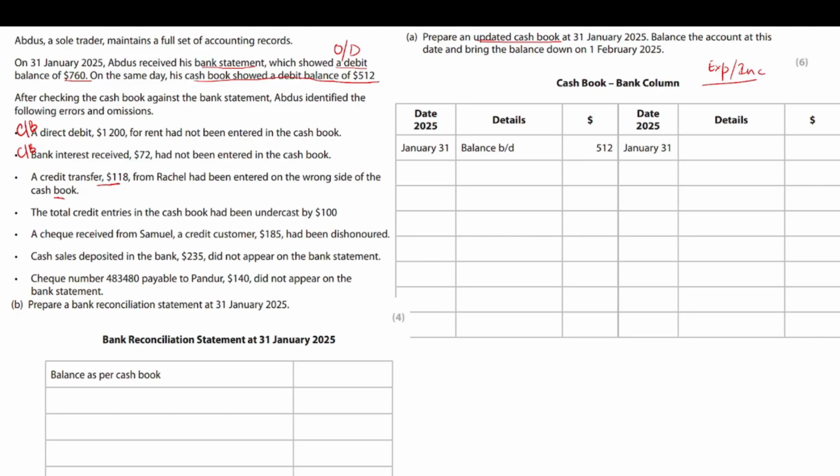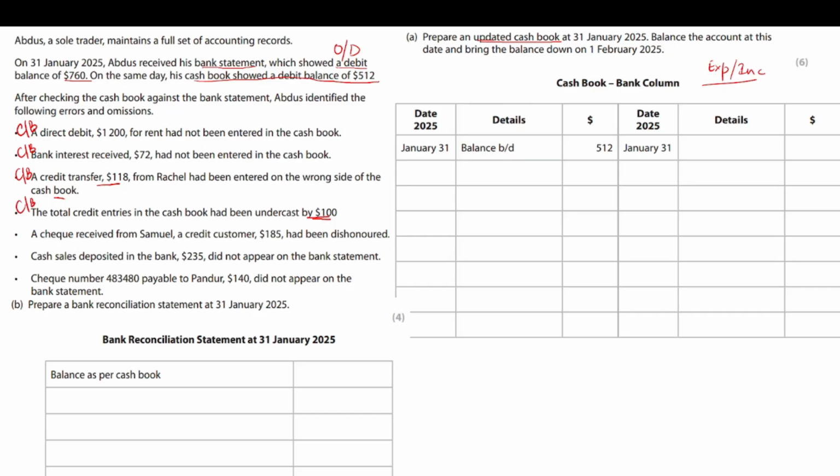Now coming to the total: the total credit entries in the cash book had been undercast. So this question is very interesting because it combines rectification of errors plus updating the cash book and bank reconciliation. So this also will be posted in the cash book.